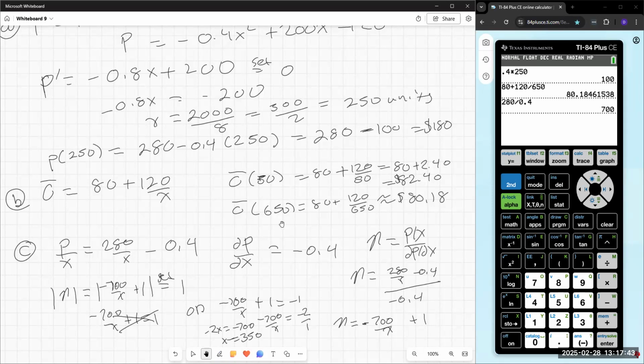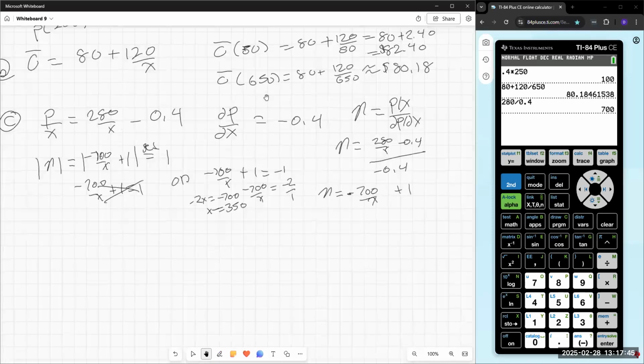So that will be where this is unit elastic.